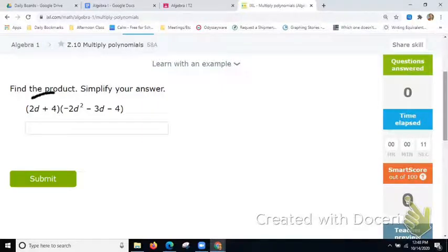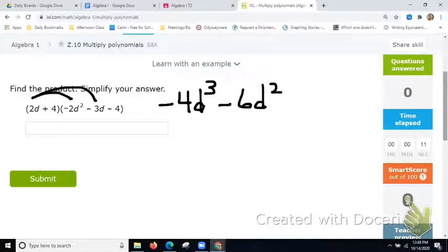So I'm going to start with this times this. They've got some negatives in here, so they're trying to be a little tricky on us. So negative 4d to the 3rd. Then from here to here, negative 6d to the 2nd, and negative 8d. Now I'm going to go to the 4. 4 times negative 2d squared would be negative 8d squared.